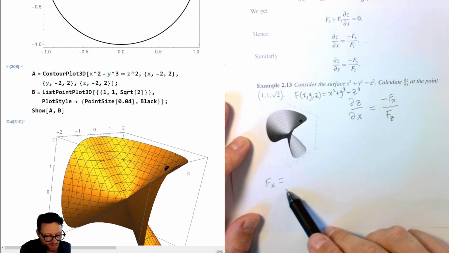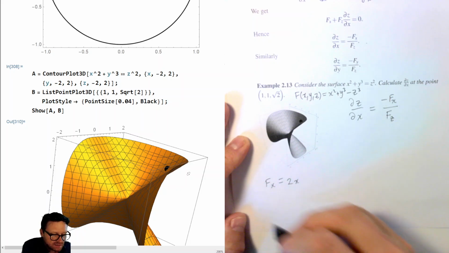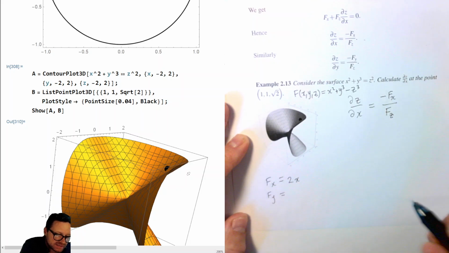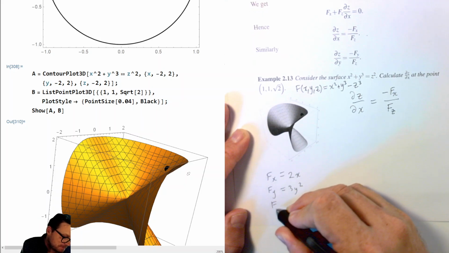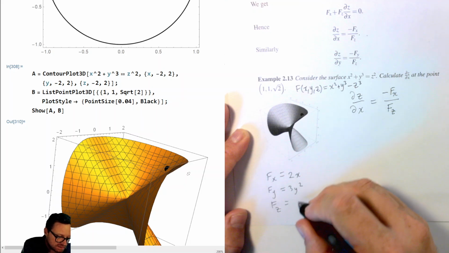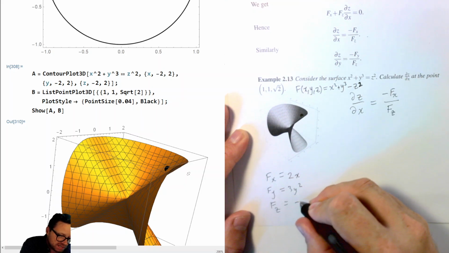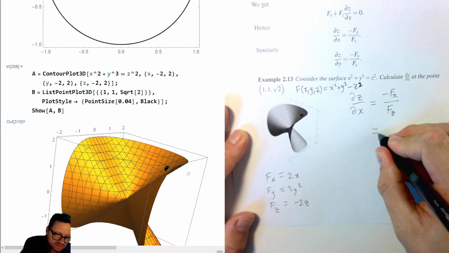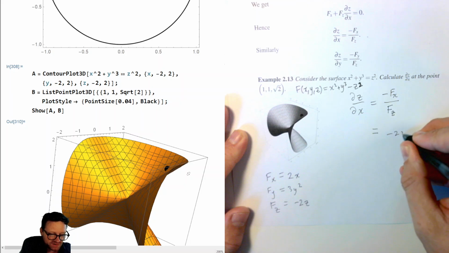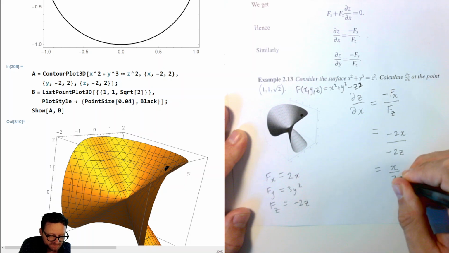All right, so f subscript x then is 2x. f subscript y is 3y squared, and f subscript z is, hang on, that's a square, isn't it? So minus 2z. Okay, so we can take these into this formula, and we get minus 2x over minus 2z, and so that's x over z.